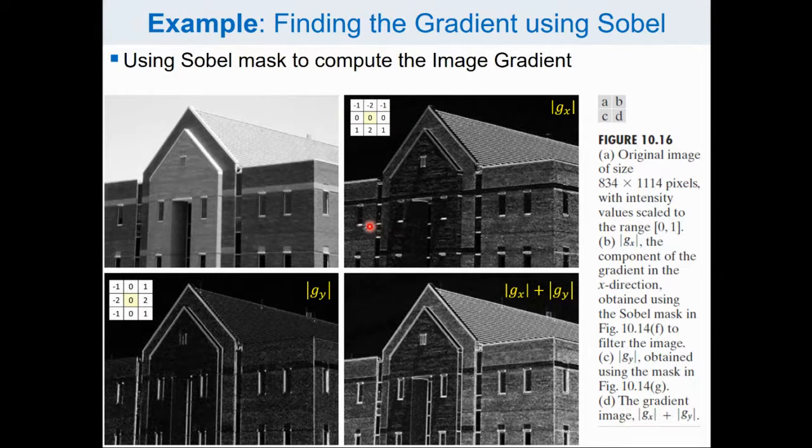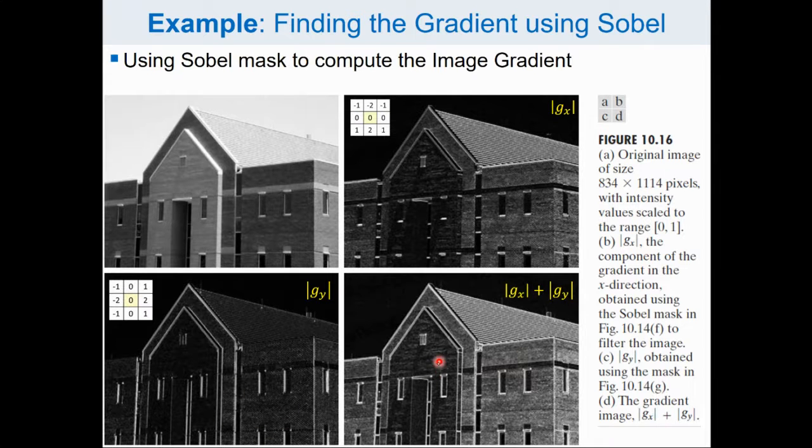All the horizontal edges are very, very strong. They are white. And then if we want to do the gy, we want to go from this intensity to this intensity, so it means that we need to detect the vertical edges in here. So basically we'll see that these are the edges that are being detected.